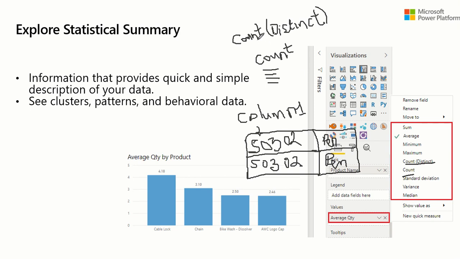So in count distinct, for example, if you have a table like this, this is column 1, you have column 2. In this kind of table, your count distinct will return only 1 because this is a duplication.